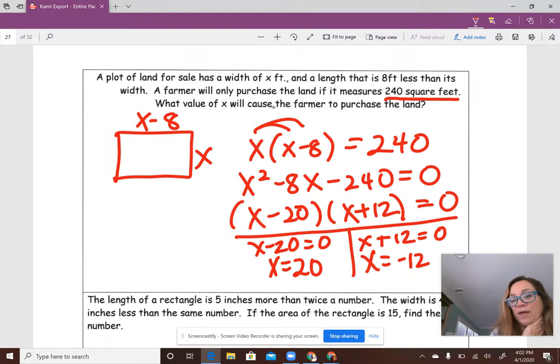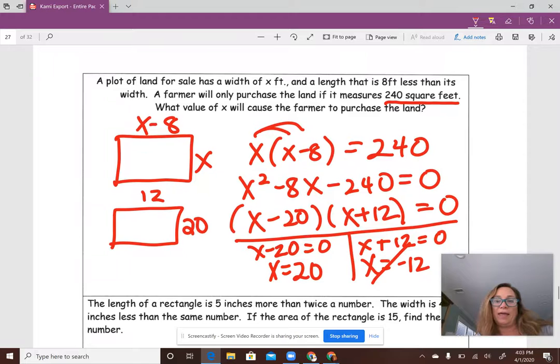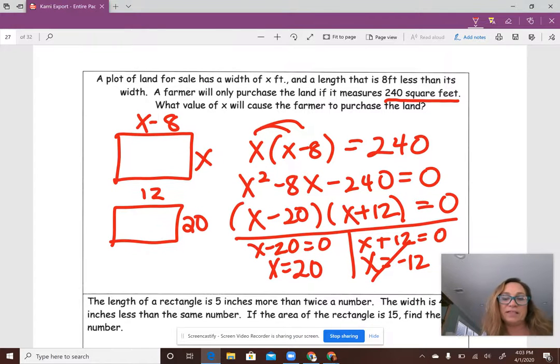This negative 12 has to be rejected. The length of something can't be negative. So that means that this thing, and the picture's not great because 20 obviously should be the longer side, but that's okay, it's 20 by 12, and that's in feet. So I'm going to try to put a little FT here.